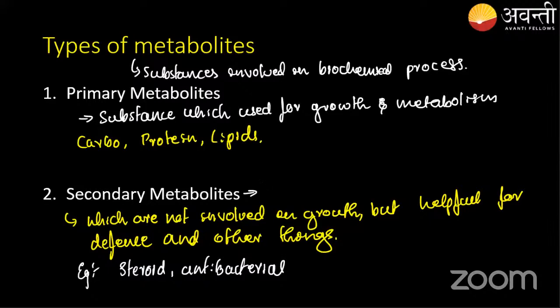Secondary metabolites are only produced by plants or autotrophs. Plants, fungi, all those things can produce these things. So we will keep it in this way.